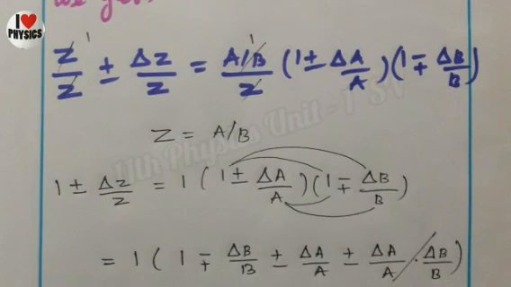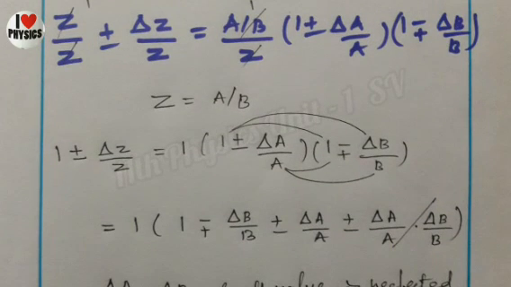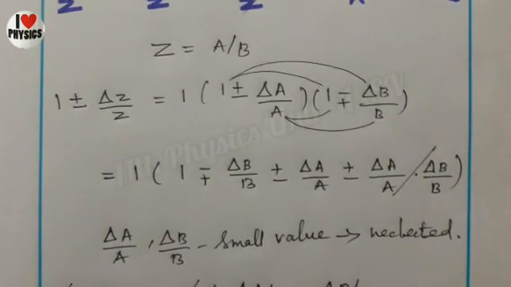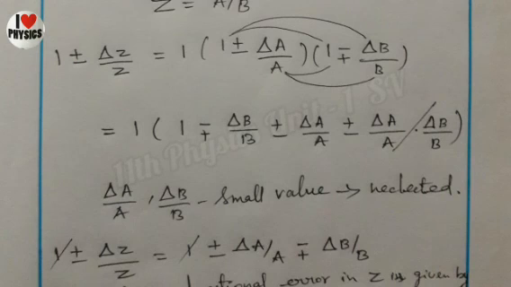This multiplication of terms is like (A plus B) into (C plus D). So multiplication of A into C plus A into D, and the second terms, B into C plus B into D. That means 1 minus or plus del B divided by B, plus or minus del A divided by A, plus or minus del B divided by B dot del A divided by A. Del A divided by A dot del B divided by B is neglected, as this is a small value.